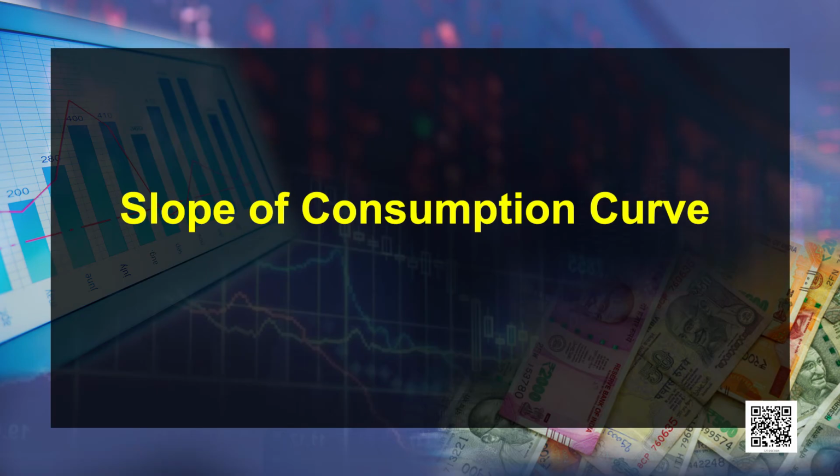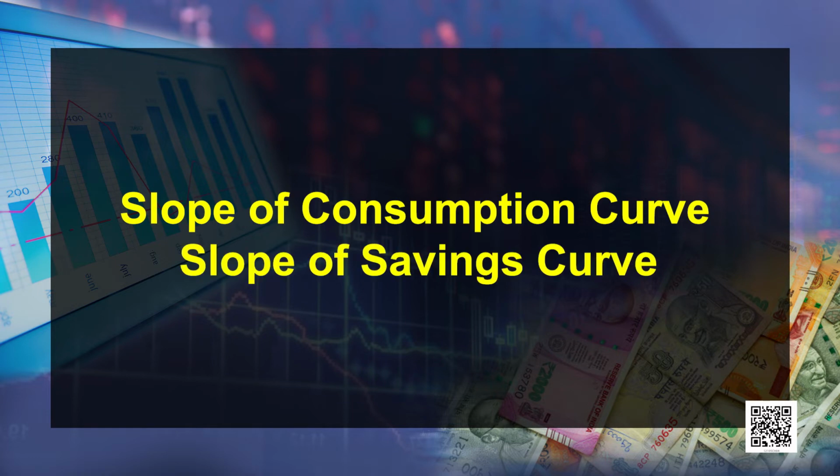Now let's move on to the next topic, that is the slope of consumption curve and slope of savings curve. MPC serves as the slope of consumption curve because its formula is delta C divided by delta Y. Whenever we calculate the slope of a curve, the formula for that is delta Y by delta X. While closely monitoring the consumption curve, we see that the y-axis is labeled with consumption.